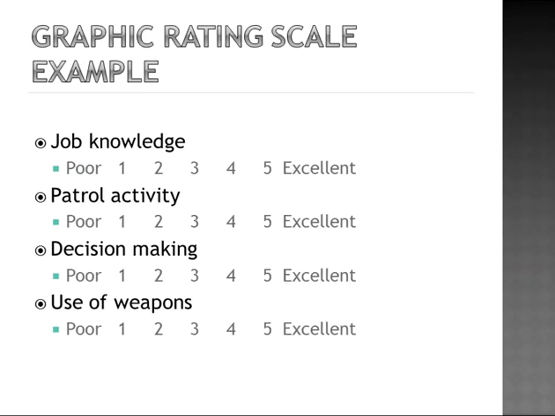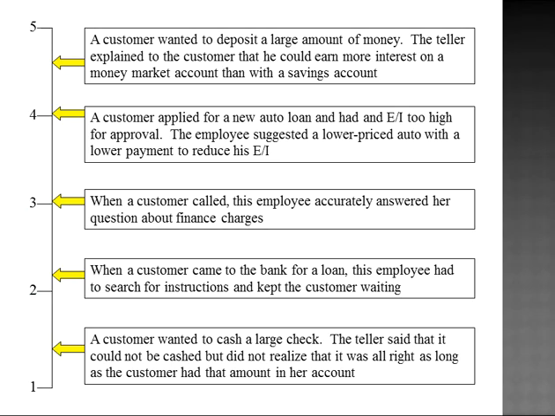Here's an example of a graphic rating scale. So we have a rating here of either poor or excellent for job knowledge, patrol activity, decision making, and use of weapons. So we have here a customer wanted to deposit a large amount of money.